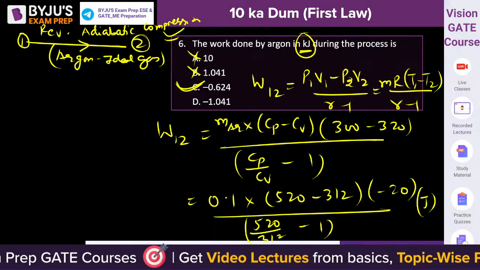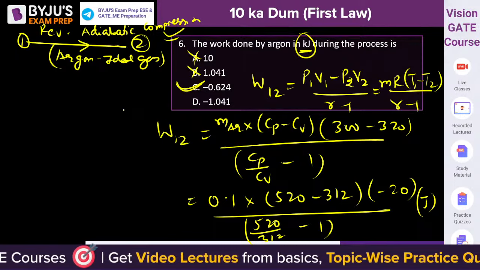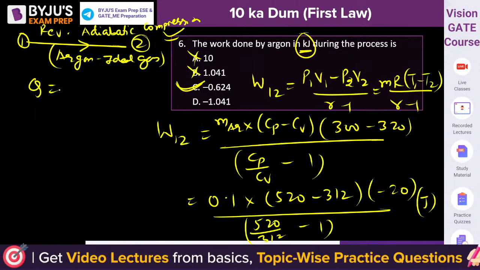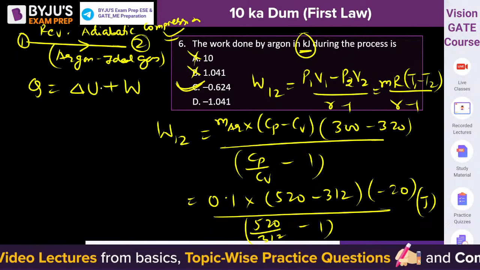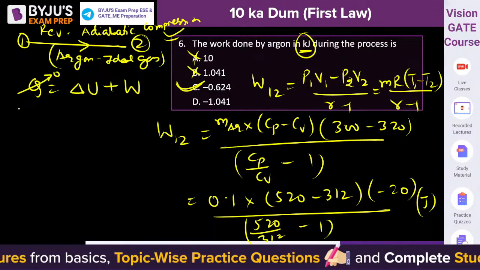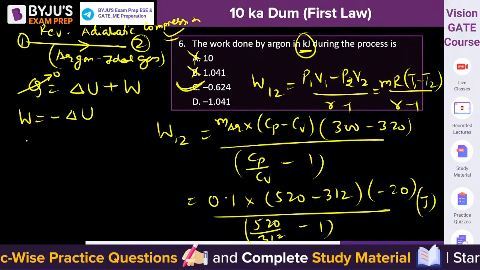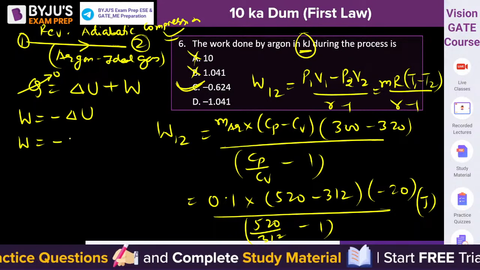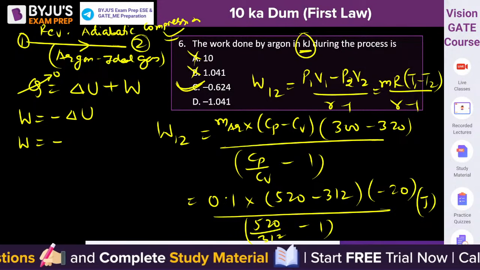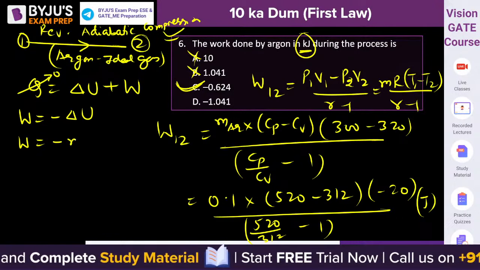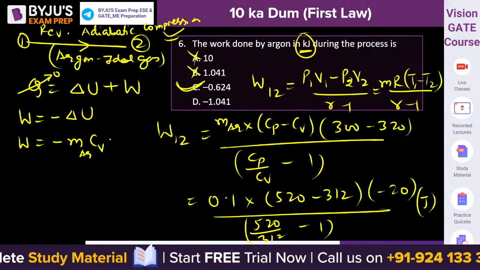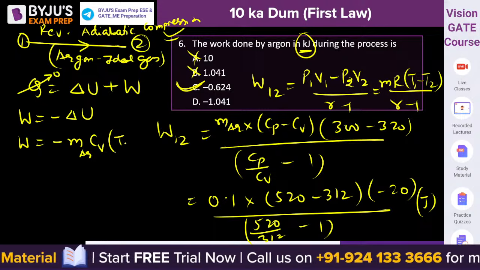अच्छा, आपने फर्स्ट लॉ ऑफ थर्मोडायनेमिक्स अप्लाई कर दिया, ये भी ठीक है. Q is equal to delta U plus W. Q is equal to 0, so W is equal to minus delta U. So W is equal to minus, ये भी तरीका सही है, minus m of argon into Cv into T2 minus T1.